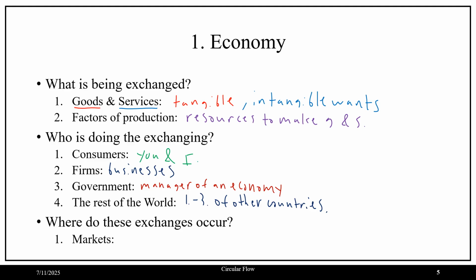Not only that, these institutions can be further broken up into different types of markets. When we talked about what's being exchanged, I said goods and services as well as factors of production. There can be a market for goods and services, which I will often refer to as product markets, and there can also be a market specifically for factors of production called a factor market. So then here for markets, I'm just going to put institutions.